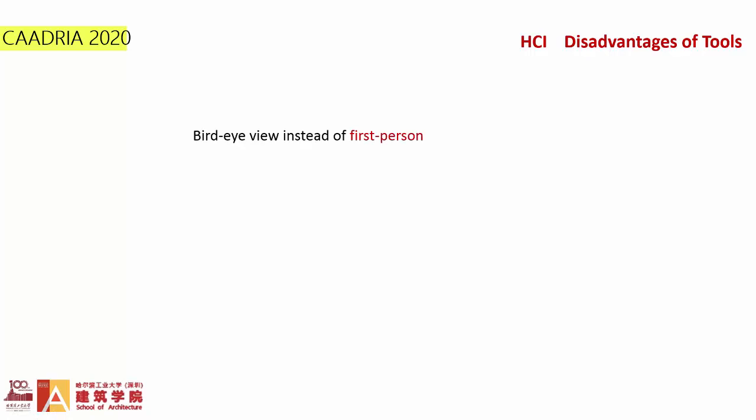One of the first is that the presentation of the design can only be from a bird's eye view instead of first person, which fails to reflect the real feeling of space and architectural narrative.